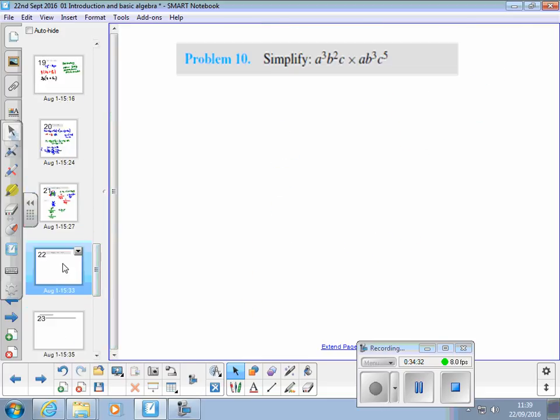What have we got on the next page? Simplify a cubed times b squared times c times a times b cubed times c to the 5.